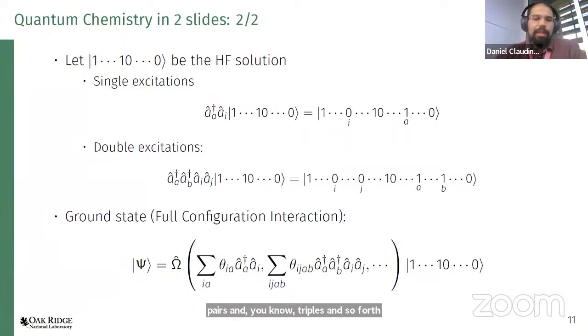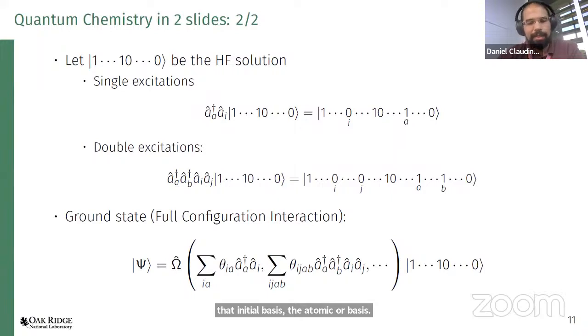In this way, we recover the ground state when we consider all these possible excitations. So we span the entire Hilbert space, but remember, we are constrained by how well that initial atomic orbital basis can actually represent the problem.